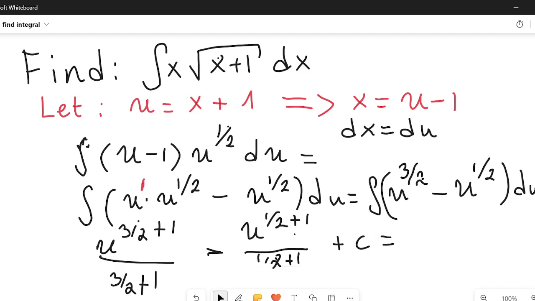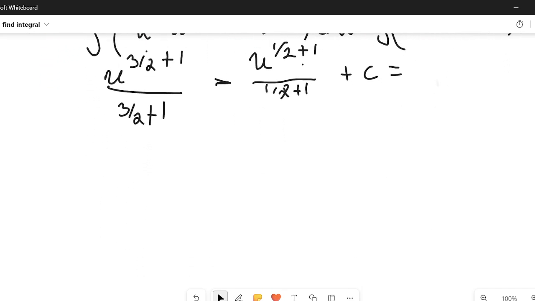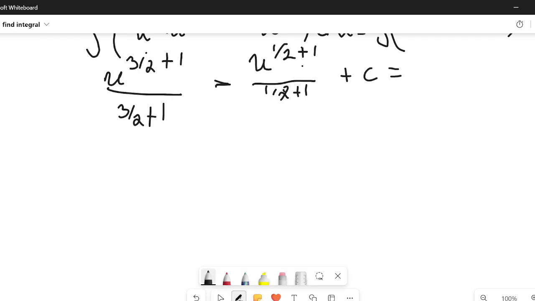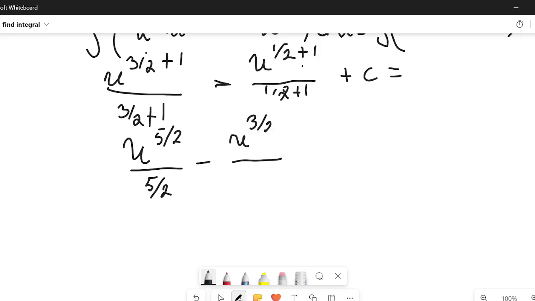So let's bring this up now so we have more space. Now we're going to continue calculating this. Now 3 over 2 plus 1, we can consider 1 as 2 over 2. So this is going to be u to the power 5 over 2 over 5 over 2, minus u to the power 3 over 2 over 3 over 2, plus c.